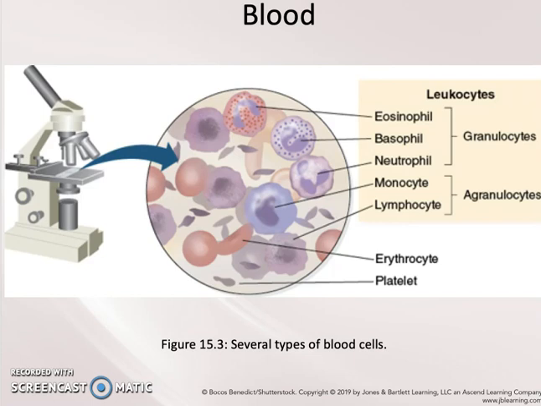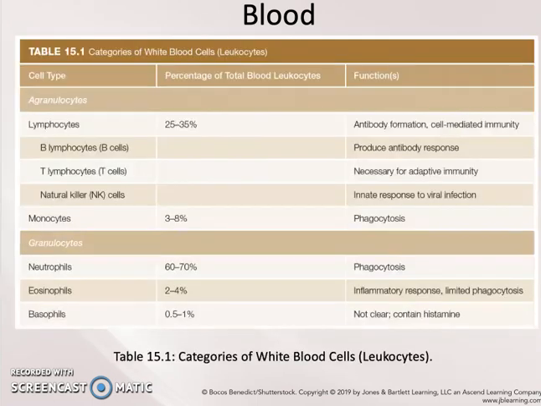Finally, there are platelets. Platelets are thrombocytes, and these are cell fragments, so they're much smaller than the red blood cells and white blood cells that we can see. Now, the white blood cells that are in our bodies are divided into different categories based on morphology. Neutrophils, basophils, and eosinophils are referred to as granulocytes.